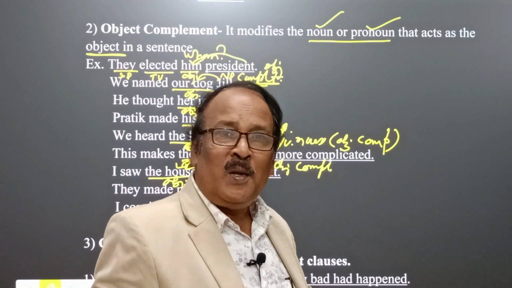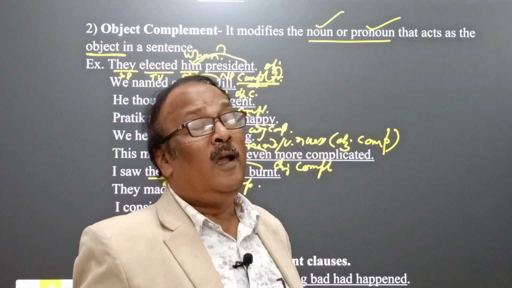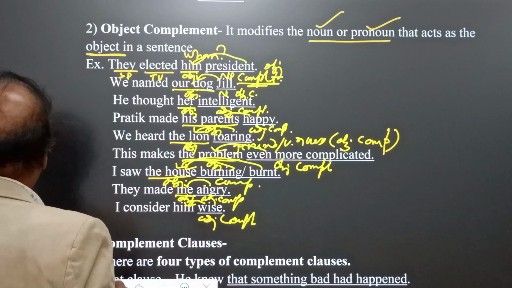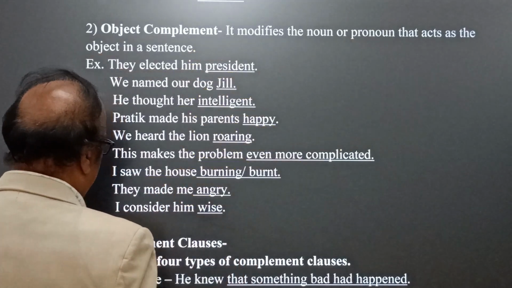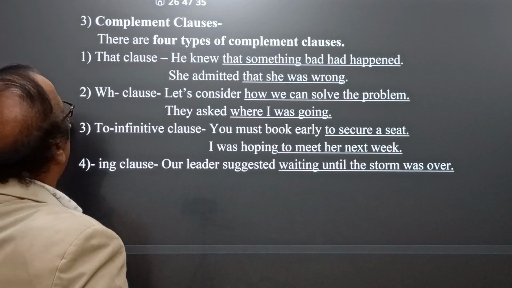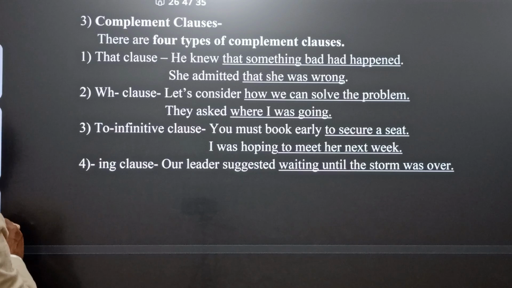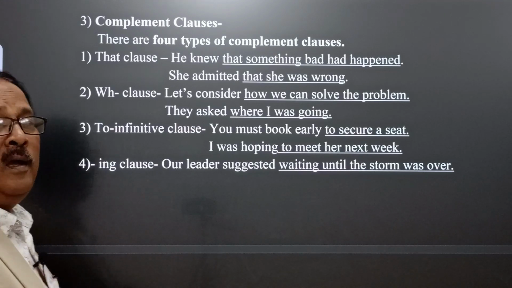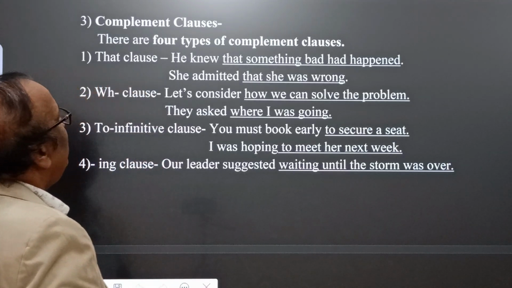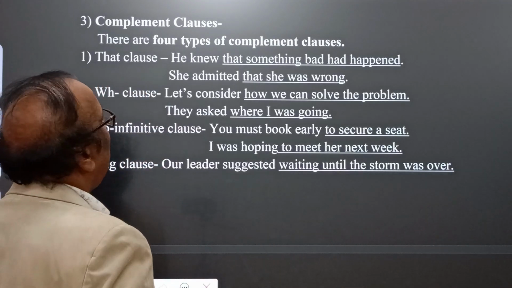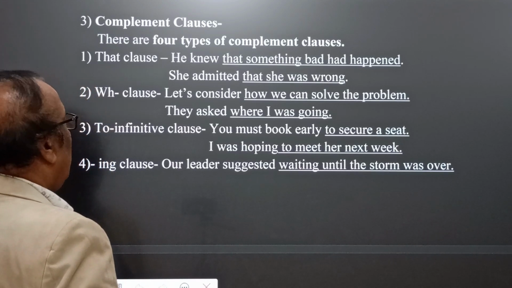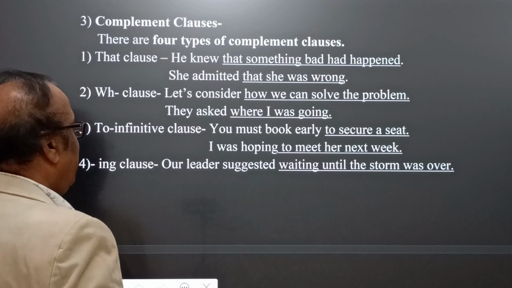Yes, am I clear? So now let's see how the other factors are related to complement. Listen. The other idea we find is the complement clause. Complement clause is another interesting part of this discussion. Here we find there are four types of complement clauses. One, that clause; two, WH clause; three, infinitive clause; four, ing clause.